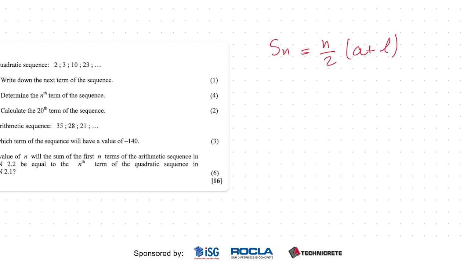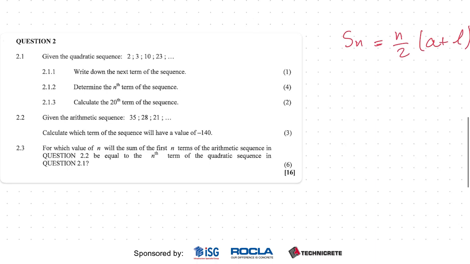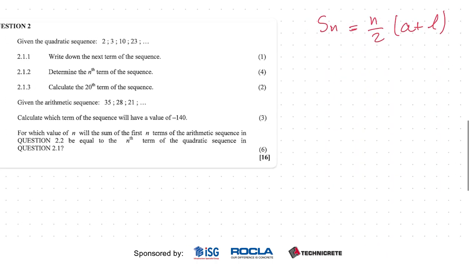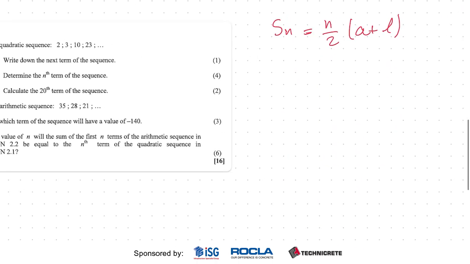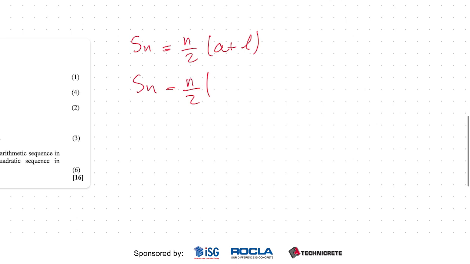Then I guess we should just write down, let's substitute in our numbers. We don't know what n is, right? We're trying to figure out n. And then of course, we'll just put in our equation that we just figured out for the arithmetic series.